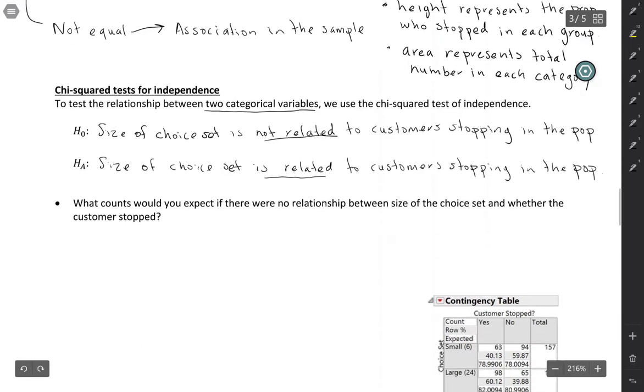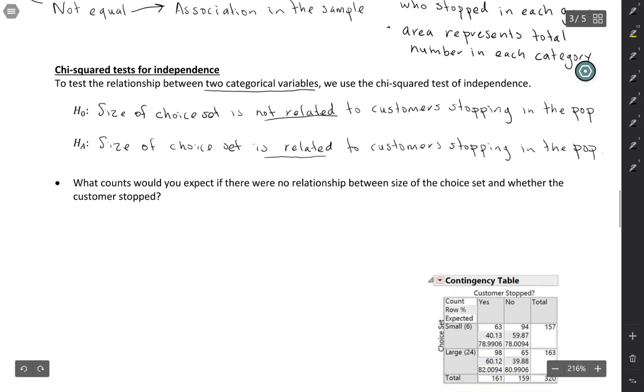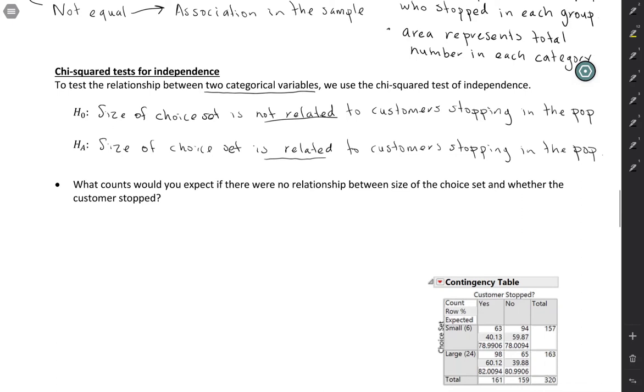Okay. So chi-squared tests work by comparing observed counts to expected counts, and those were pretty easy to calculate in a goodness of fit context. It's a little bit trickier here. So when we say expected counts, we mean what would you expect if there were really no relationship between these two, right? So basically you're saying that choice set doesn't matter, it makes no difference in the proportion who stop.